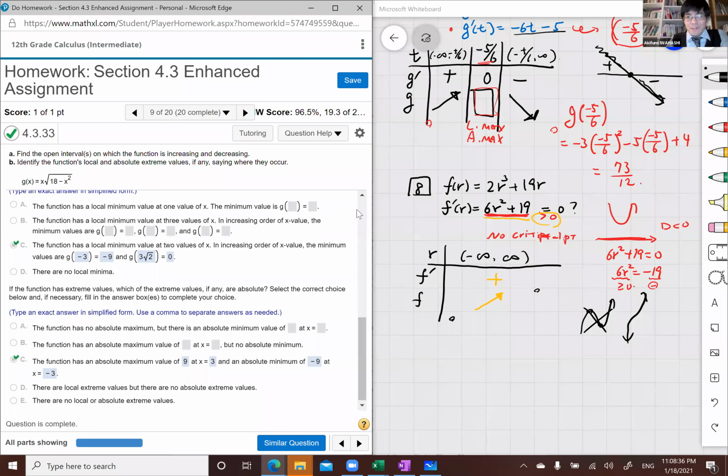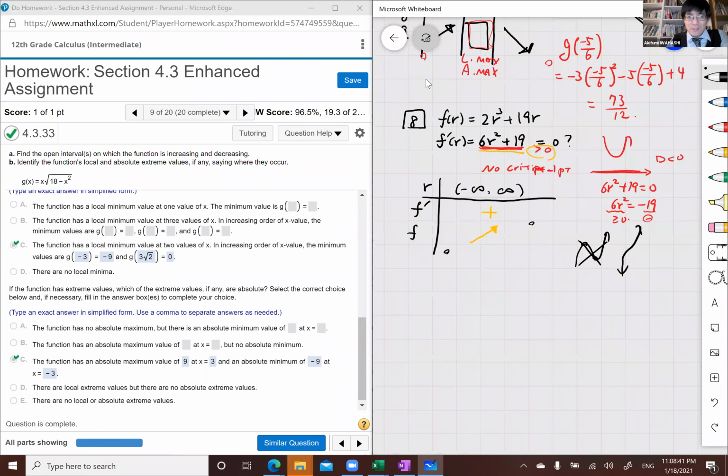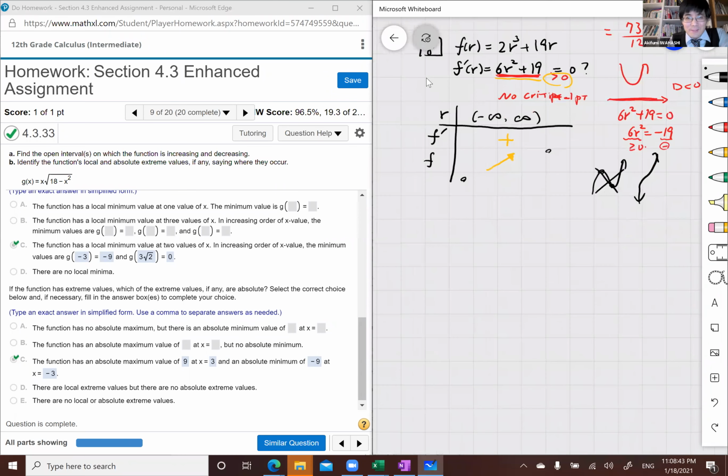Okay, now it's not a polynomial any longer, so I'm going to explain what's going to happen to this. Problem number 9. Find the open intervals on which the function is increasing and decreasing. So we still have the same thing. You have some function, and I want to find critical points.